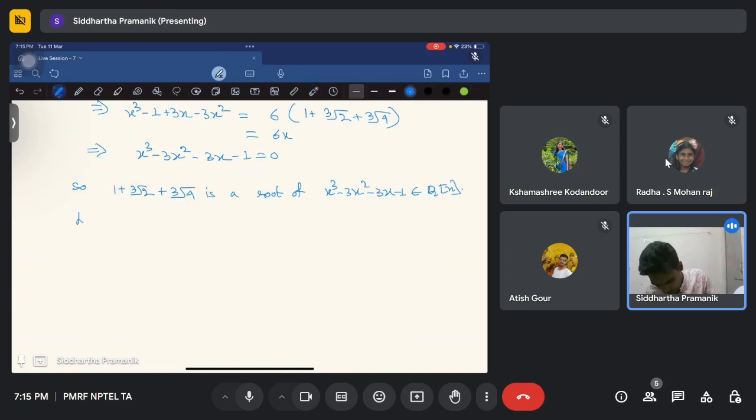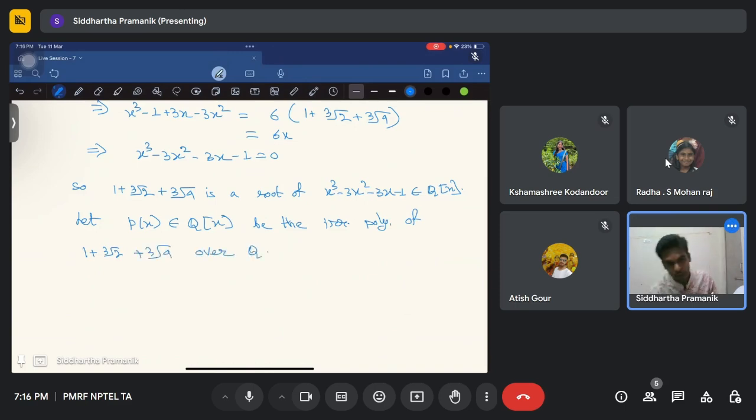Okay, let p(x) belonging to Q[x] be the irreducible polynomial of 1 plus cube root of 2 plus cube root of 4 over Q. So p(x) is the irreducible polynomial and this other one is an arbitrary polynomial which has the root 1 plus cube root of 2 plus cube root of 4.